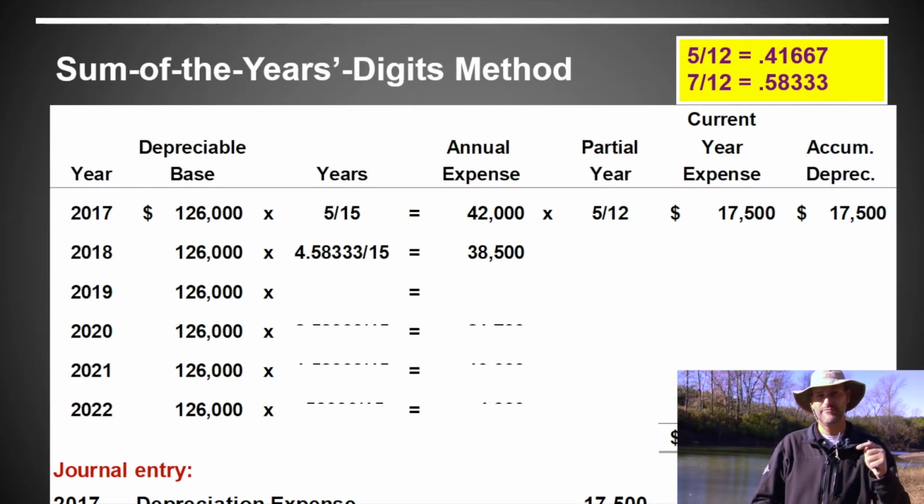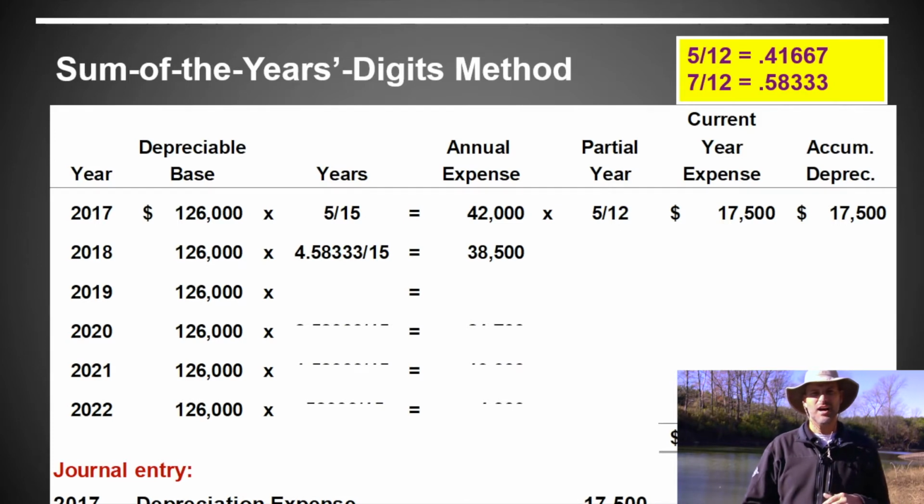Instead of a straight 4/15, we're taking 4.5833, which is 4 plus 7/12 of the year, which gives us an annual expense of $38,500. There's no partial year this year, so that is our current expense for the period.